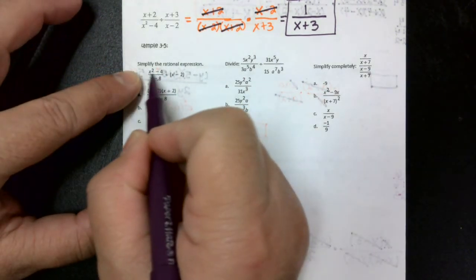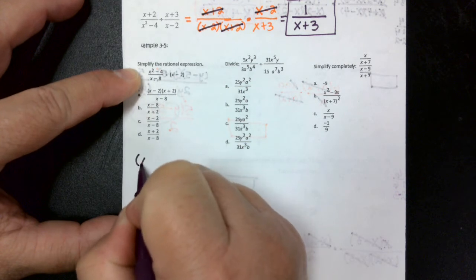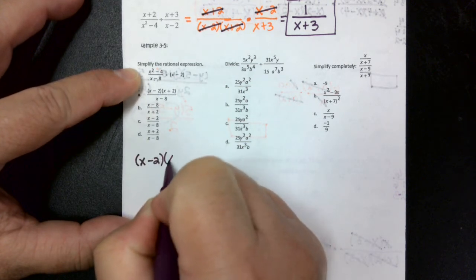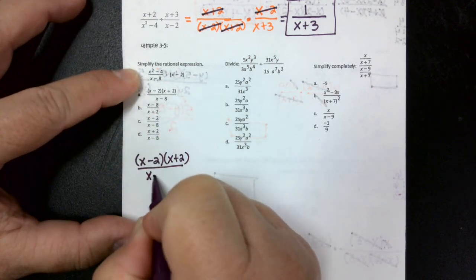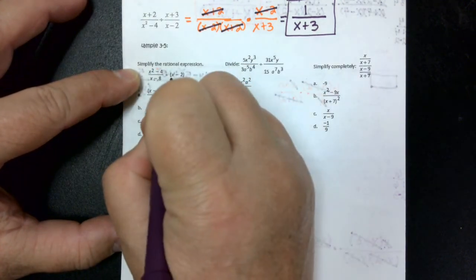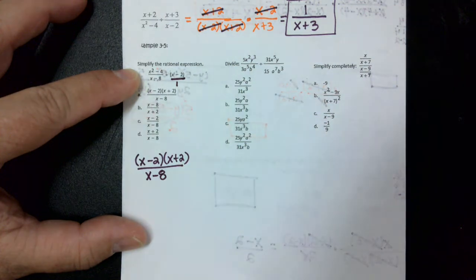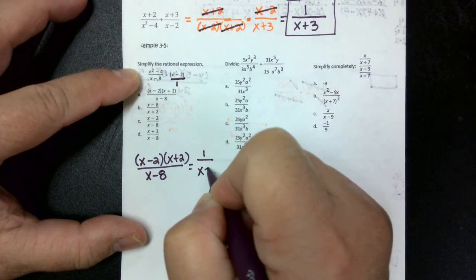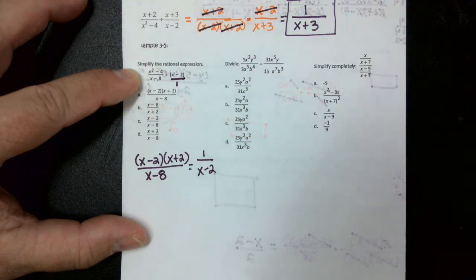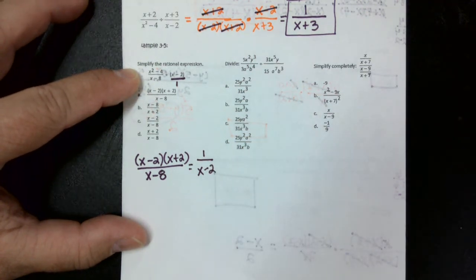So here I have a difference of two squares again, x minus 2 times x plus 2. X minus 8 cannot be factored. This I can make into a fraction by putting 1 under it. So put 1 in the top, x minus 2 in the bottom. So what do we have?